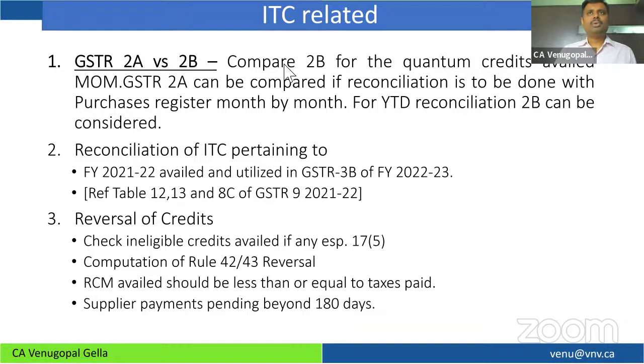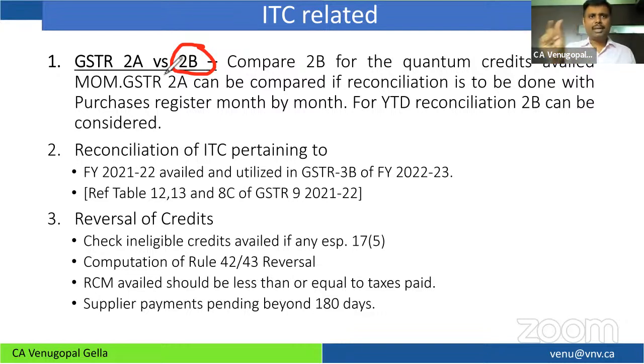So you have to make sure that 2B, you can always say, indicates the maximum credit that you can avail. The quantum of credits that you are availing month over month is only to be compared with 2B. If you are doing a YTD reconciliation of the credit that is there in the books of accounts and the credits that you have availed or are eligible to avail, you can use 2B.